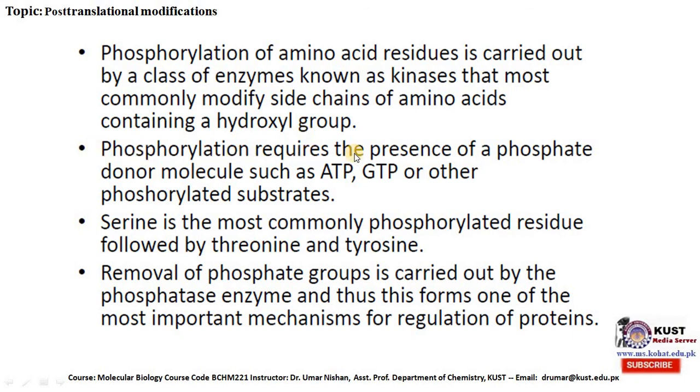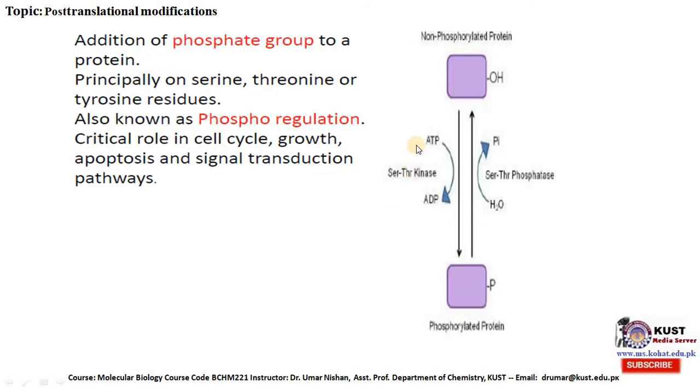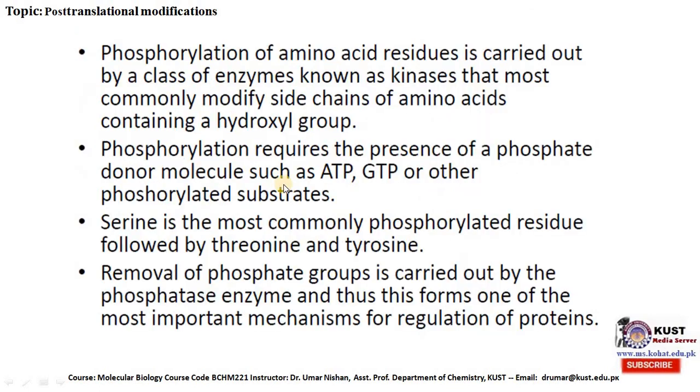Phosphorylation requires the presence of a phosphate donor molecule such as ATP, GTP or other phosphorylated substrate. In this situation, you see that ATP works as the donor of phosphate. It can be GTP or other phosphorylated substrates. Serine is the most commonly phosphorylated residue, followed by threonine and tyrosine, because they have their OH group that can be phosphorylated.